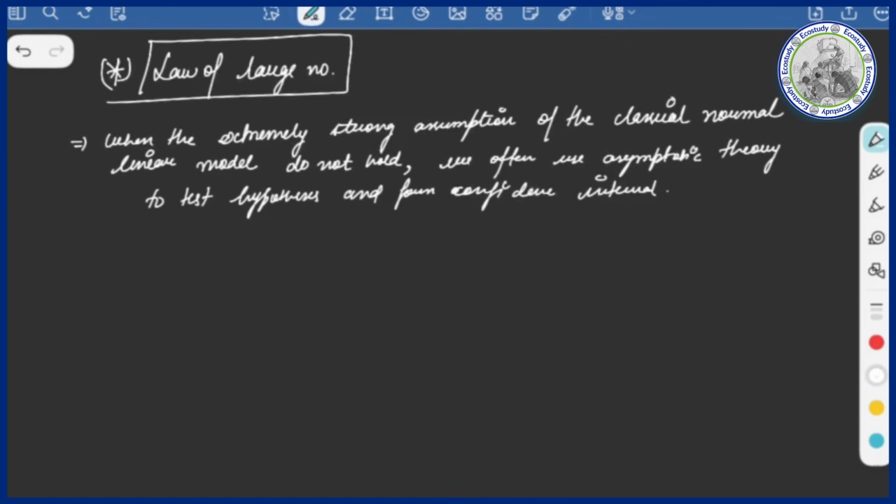So when the extremely strong assumptions of the classical normal linear regression model do not hold, we use the asymptotic theory for tests of hypothesis and the formation of confidence intervals.